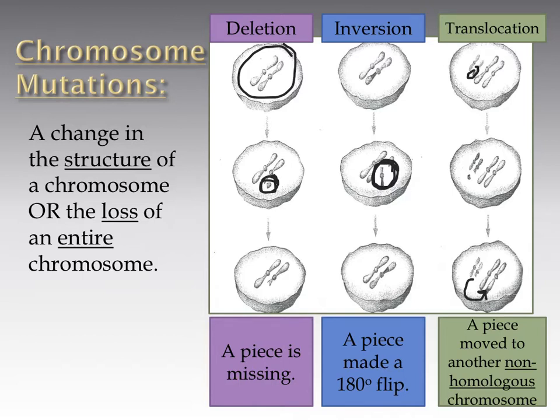Sister chromatids might switch segments, it's called crossing over, and it gives greater genetic variation. Here, it's a piece of a non-homologous chromosome that's breaking off and attaching to something else. So now you have one chromosome that's missing a segment, and a segment that's extra on this other chromosome.